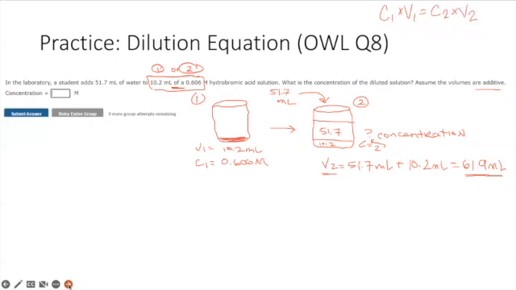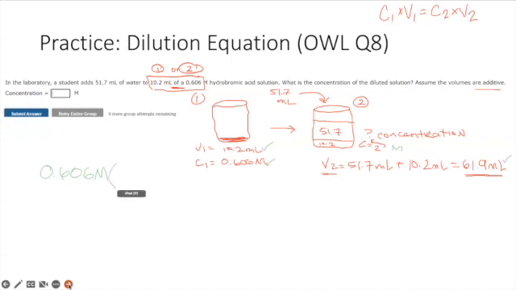So it's a matter of setting up this equation. So our C1, 0.606 molar. Oh wait, let's double check that our units are correct. So our V1s are both in milliliters. That's great. Our C1 is in molar. We don't know what our C2 is, but we know that it's going to spit it out to us in molar because the units have to be the same.